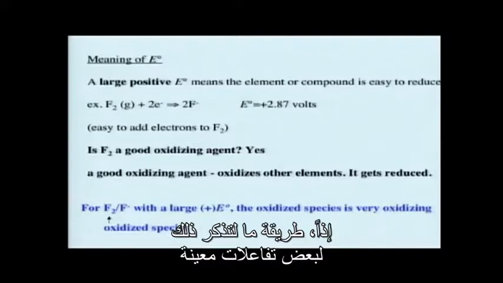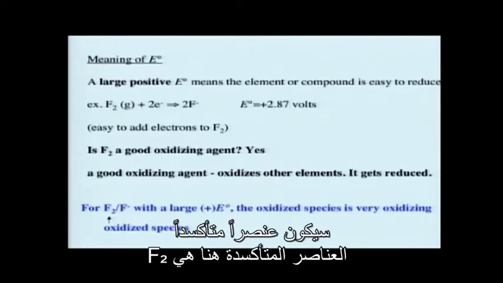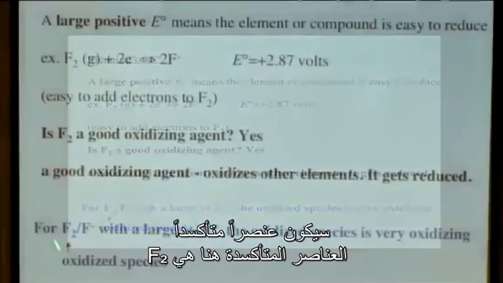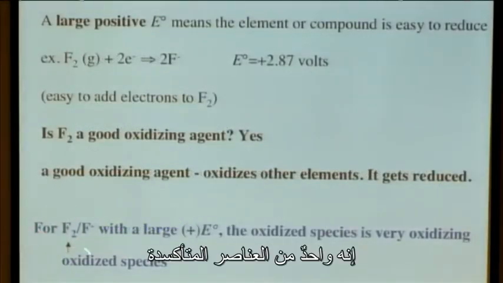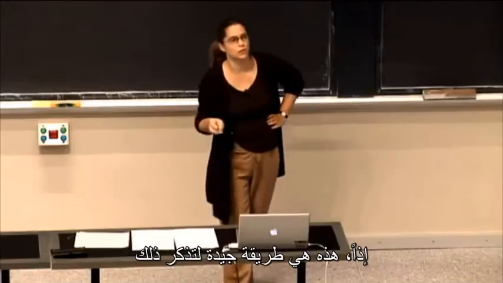So one way to remember this is for a particular couple, if something has a large positive delta E naught, the oxidized species, so the oxidized species here is the F2. Of these two things, it's the one that's oxidized. So the oxidized species is very oxidizing. So that's one way to remember it.